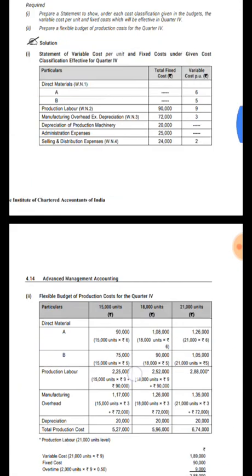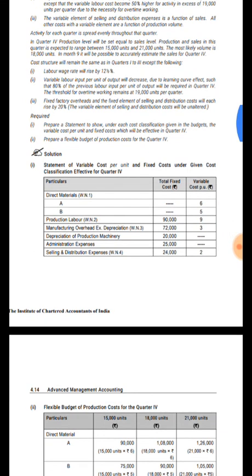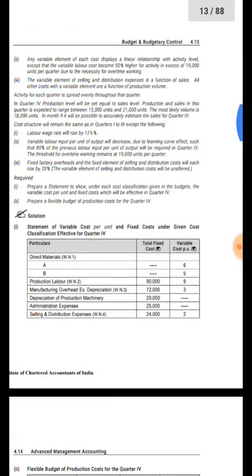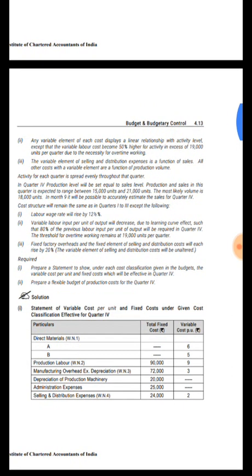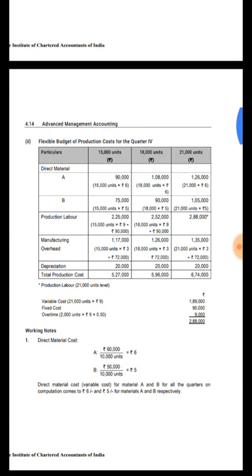So the first requirement is done. Next is to prepare a flexible budget of production cost. Be very careful, they are asking only for production cost for quarter 4. They gave a range of 15,000 units to 21,000 units, and 18,000 is most likely. So we will prepare for all three: 15,000, 18,000 and 21,000.